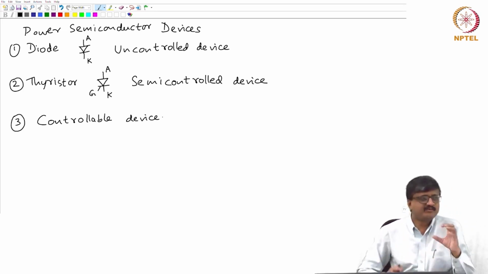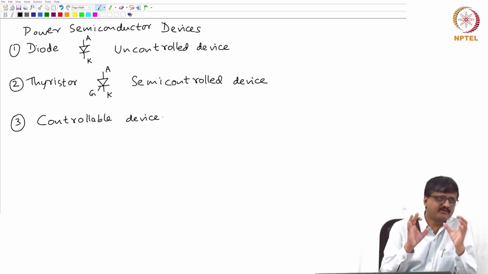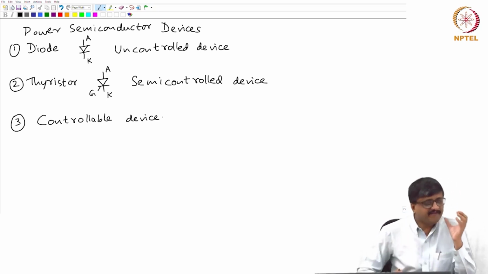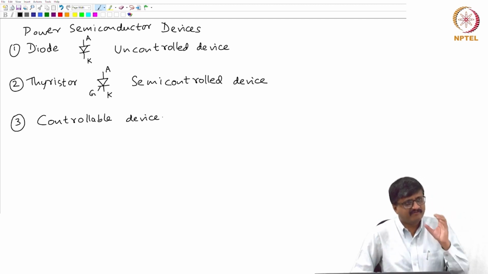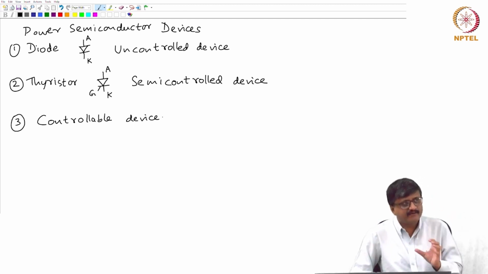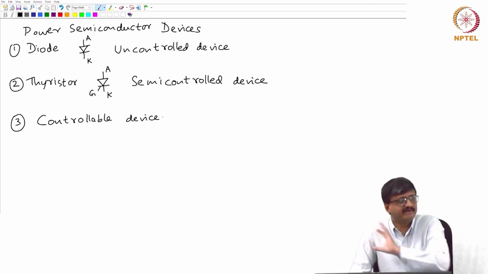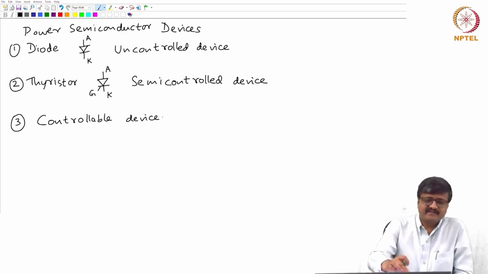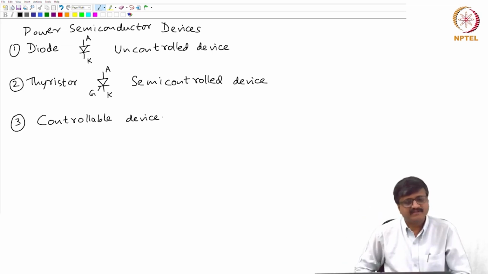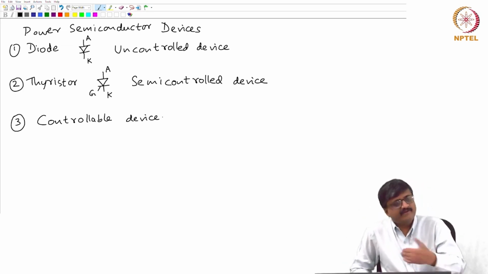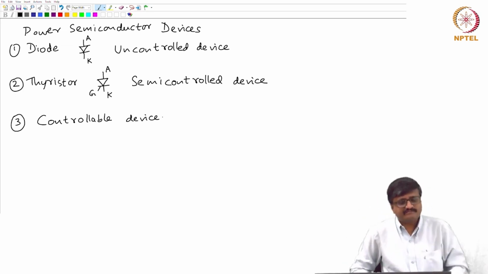See, please note there are two circuits here: power circuit and the control circuit. So the power involved in the control circuit is very small. The amount of voltage, current, and power in the control circuit is very, very small compared to the voltage, current, and power in the power circuit. Okay. For example, in the case of thyristor, anode and cathode belong to the power circuit. Okay. The current that flows from gate to cathode is that of the control circuit.